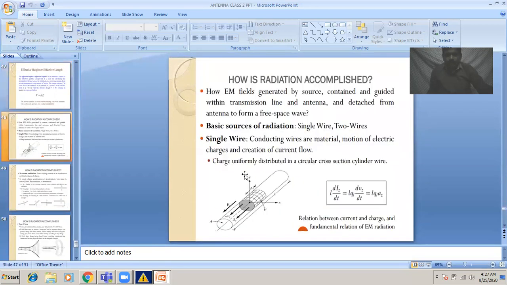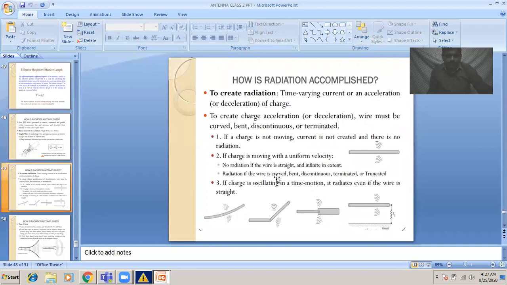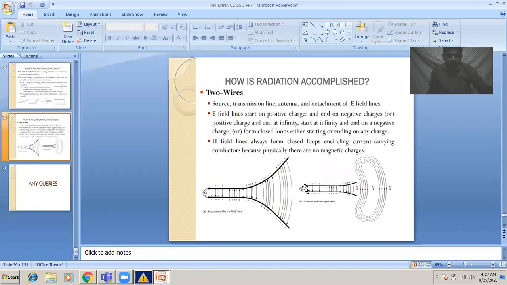Already you know the single wire radiation, how a single wire is acting as a radiator. Normally if the wire is bent or truncated or terminated, then only it is able to radiate. Otherwise, it is not able to radiate. That we have seen.